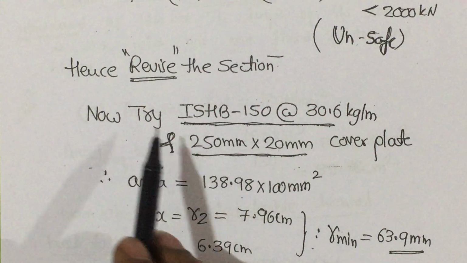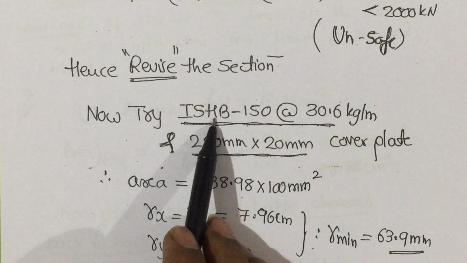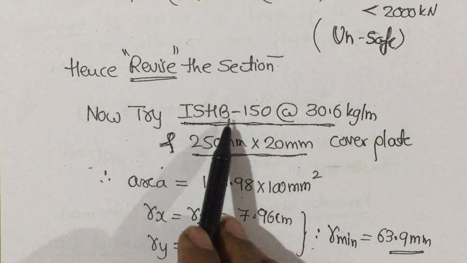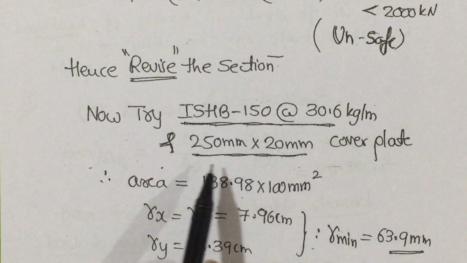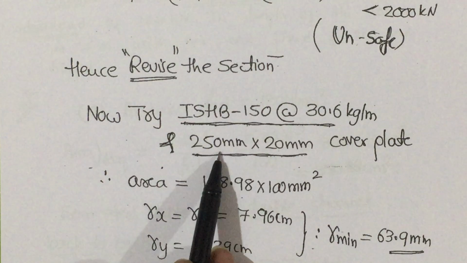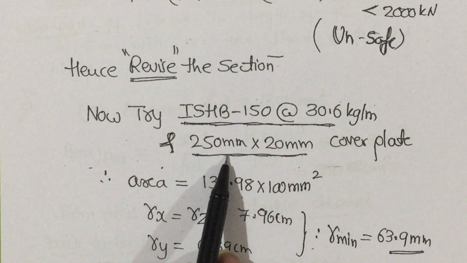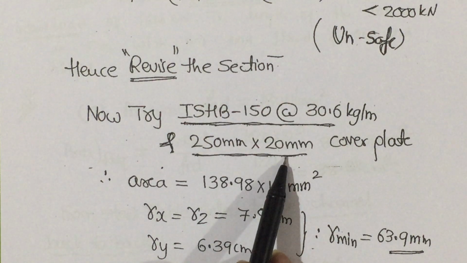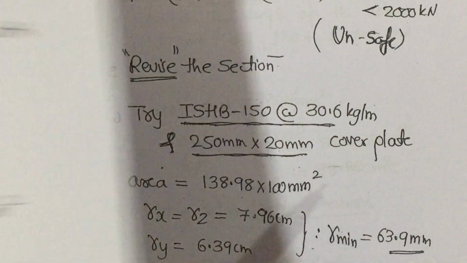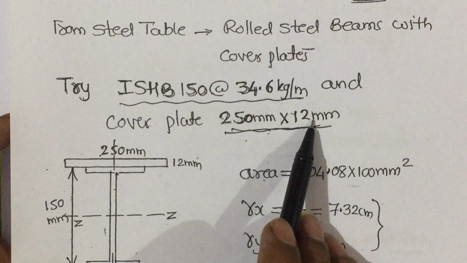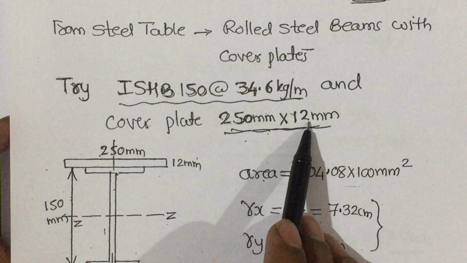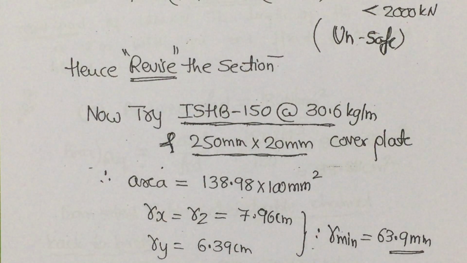Again, with respect to the required area, we will search, and we are going to take now ISHB 150 at 30.6 kg per meter and cover plates of 250 mm by 20 mm. It is the same thing, but we are going to take more area, nothing but the cover plate size will be changed, that is all.